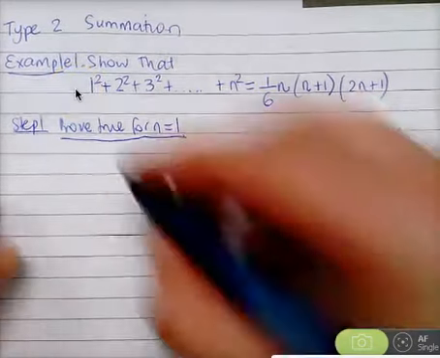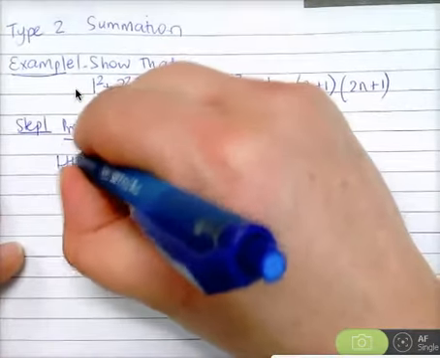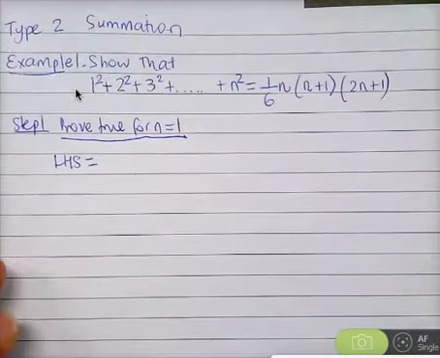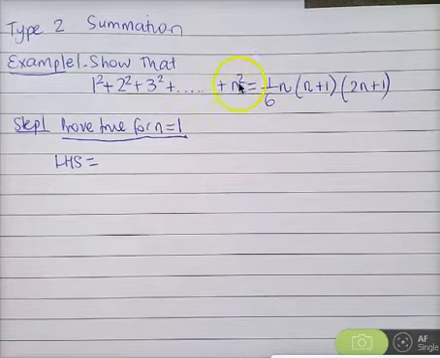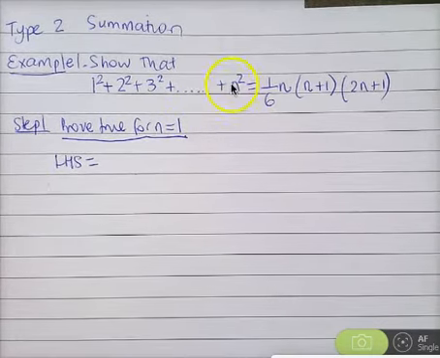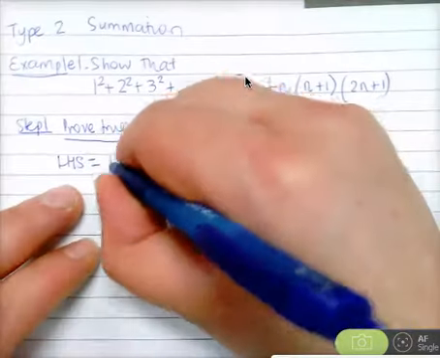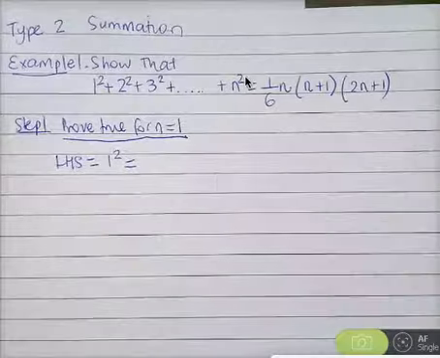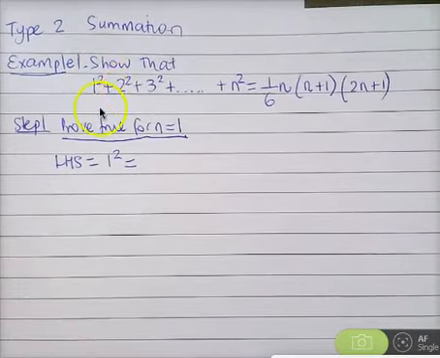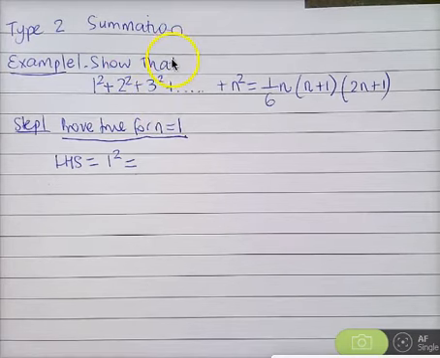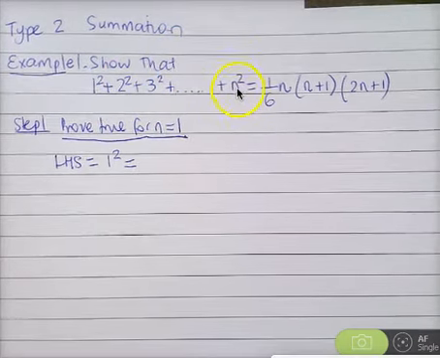So for the left-hand side, prove true for n is 1. Your first term, you can either just look at the first term, which is 1 squared, or substitute into the general form of the term, which is n squared. So the left-hand side is 1 squared, because 1 squared is my first term, 2 squared is my second term, 3 squared is my third term, and this is my nth term.